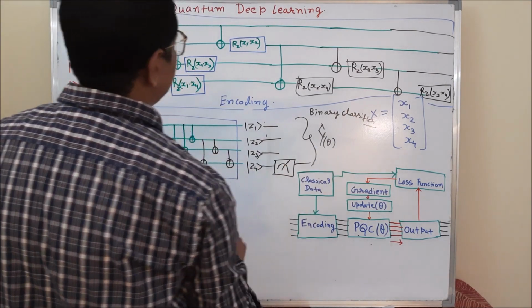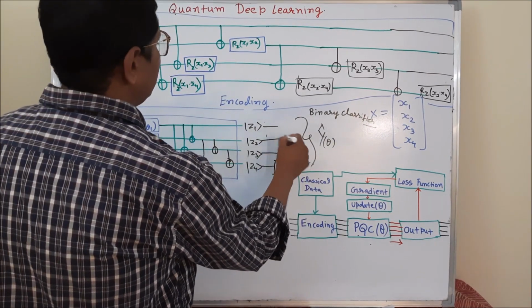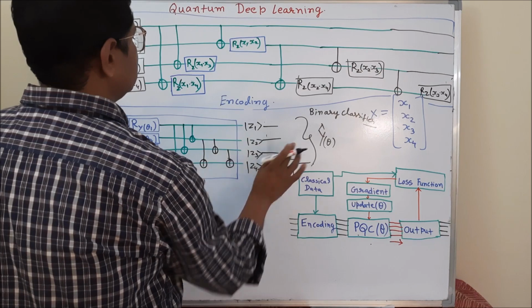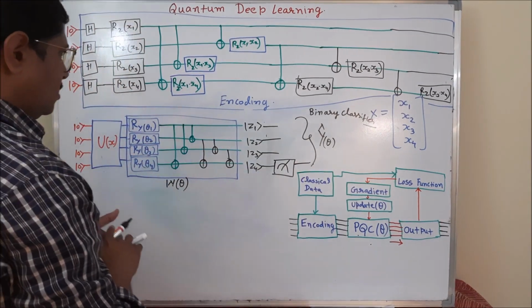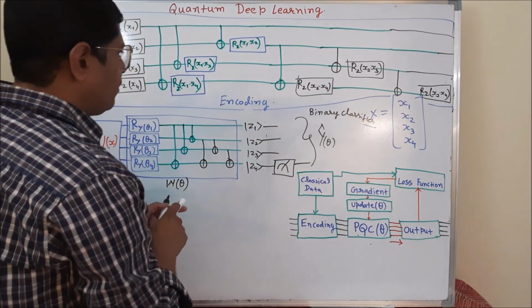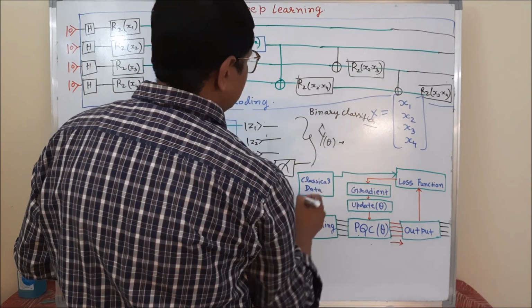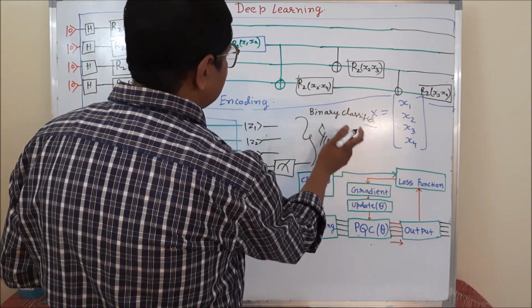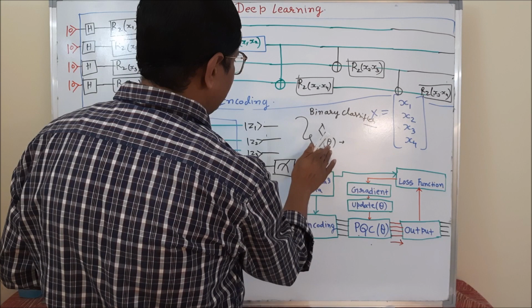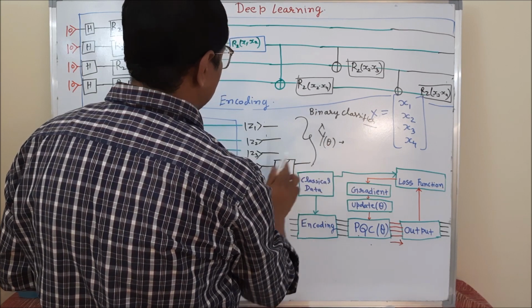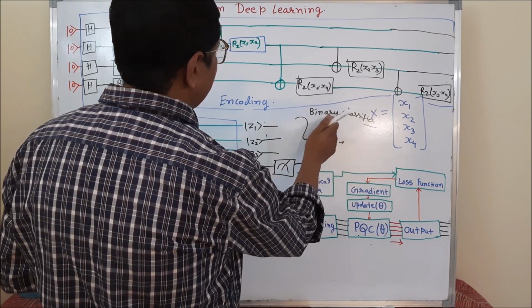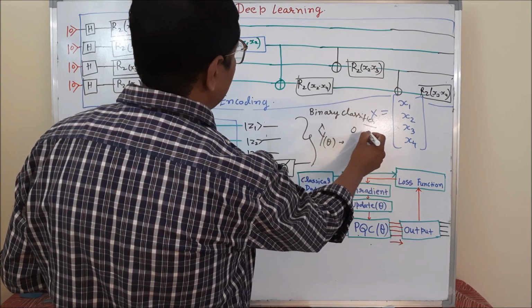A binary output due to parameter theta, and the rest will be useless, meaning we will not use this. Based on the value we get from the last qubit, we can easily identify whether it will go with class 0 or class 1.